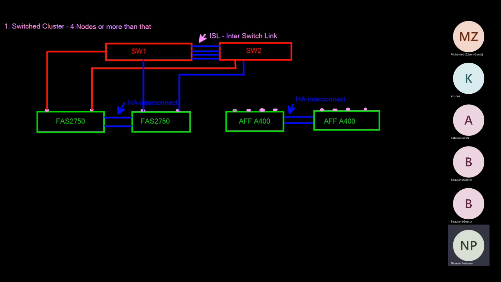Here the same thing, but this model has 4 ports, right? So 2 ports to switch 1. See the difference? I'm using different colors for each switch so that you will not get confused. These two connections to switch 2. And the same thing here as well.